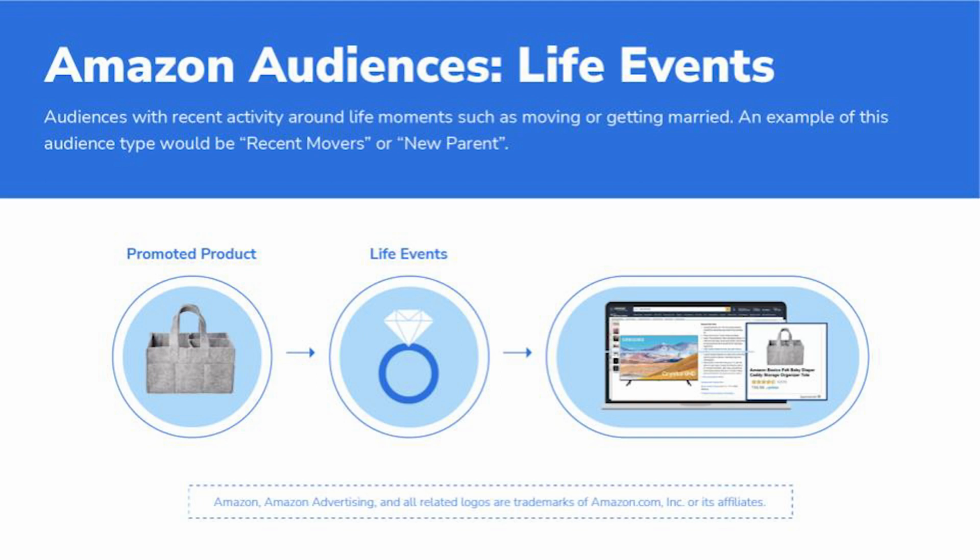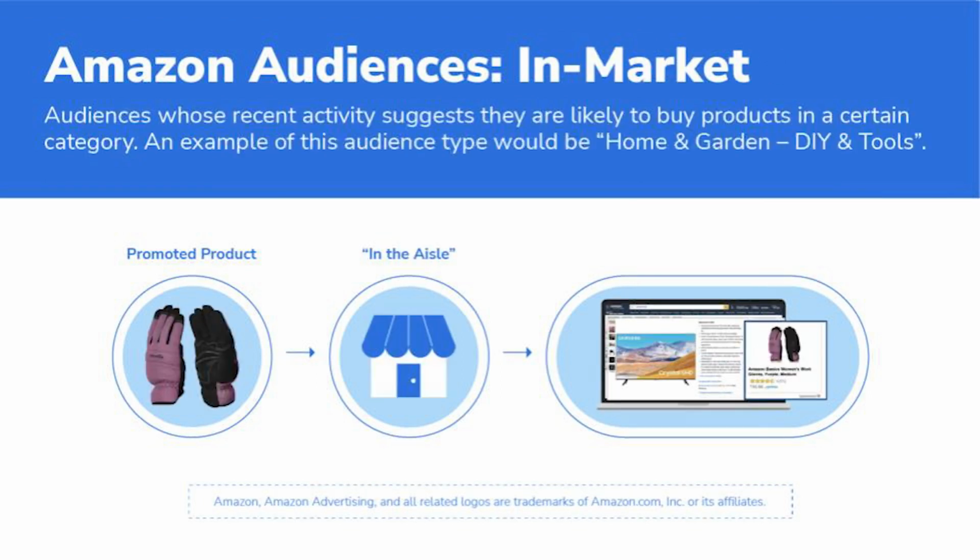The last one is Amazon Audiences in-market, and that effectively means that the shopper has not yet made the purchase. These are products that have been searched a lot, maybe they've been saved or added to a wish list, or maybe they've been added to the cart but not yet purchased. So in this in-market category, an example of the audience type would be home and garden, do-it-yourself tools.